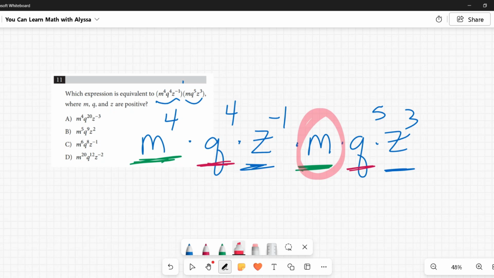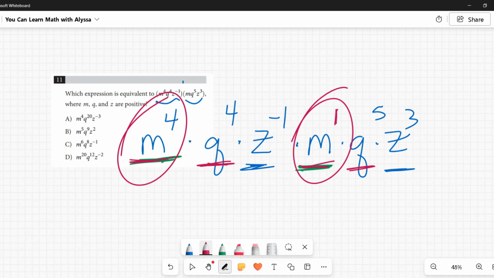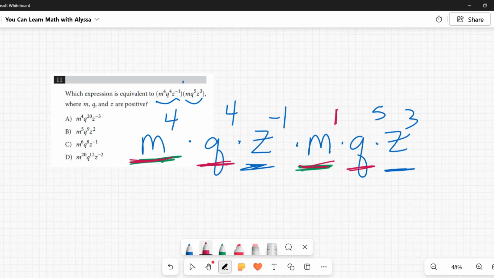There is a single m. So there is an invisible, but I promise it's there, 1. Do not forget that. Because m to the fourth times m is not just m to the fourth. There's an m there. I had 4 m's here, I have 1 more m, I've got 5 m's total. So that's an invisible 1. Do not forget the invisible 1.